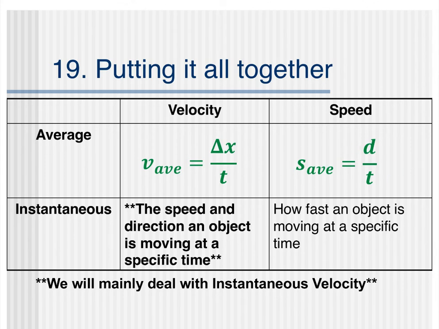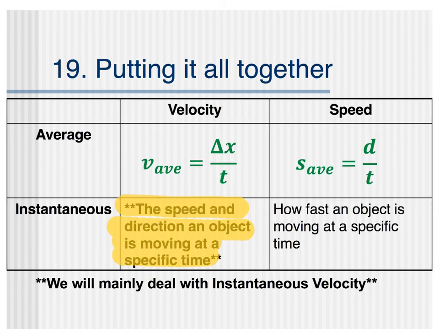Average velocity is simply the displacement over the time, whereas average speed is simply the distance over the time. As we move forward, this one here is going to be the most important. We'll mainly be talking about instantaneous velocity. However, it is important to know the distinction and to talk briefly about the other quantities that we can use to measure how fast something's going.